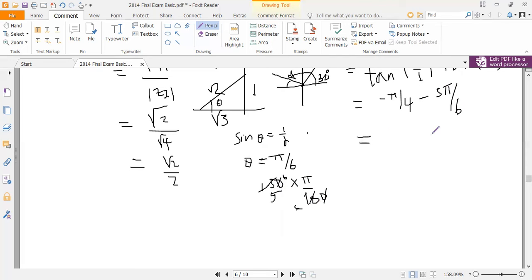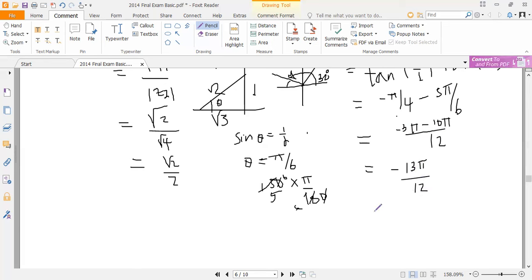So taking 12 as common, minus 3 pi minus 10 pi is equal to minus 13 pi over 12.